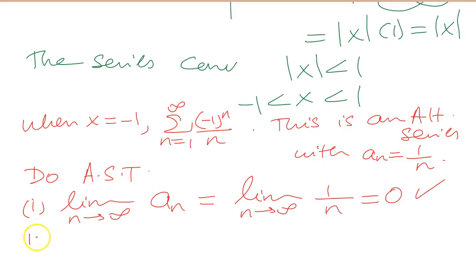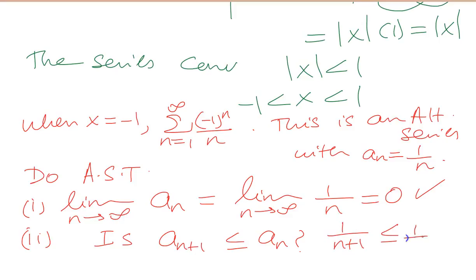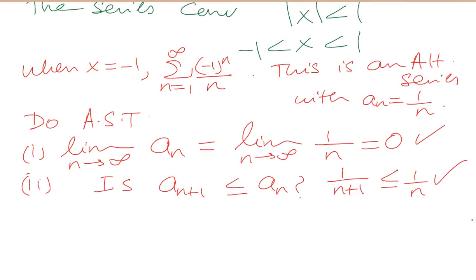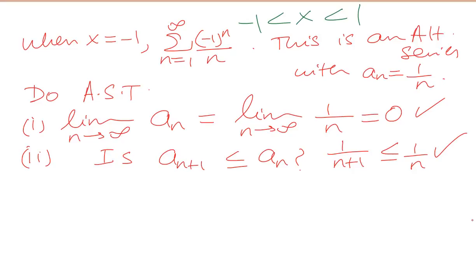Okay. Number 2 is a_(n+1) less than or equal to a_n. 1 over n plus 1 is clearly less than or equal to 1 over n. That is done. So because both conditions are met for the alternating series, the series in part B, in other words, the series for the function f converges when x is -1.